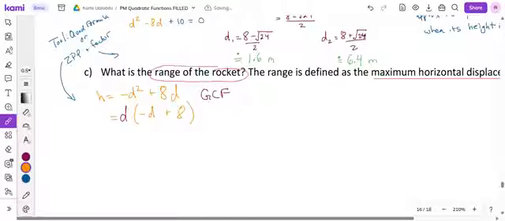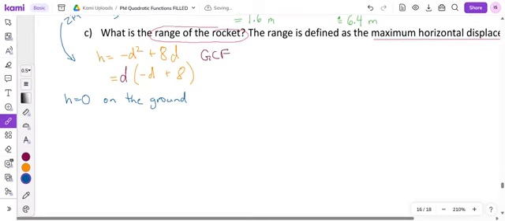Okay. Now, when we're looking for the roots, what is the height? This is important. Height equals 0 on the ground. So when it says, when does the rocket hit the ground? The trick to remember is, the height is 0.